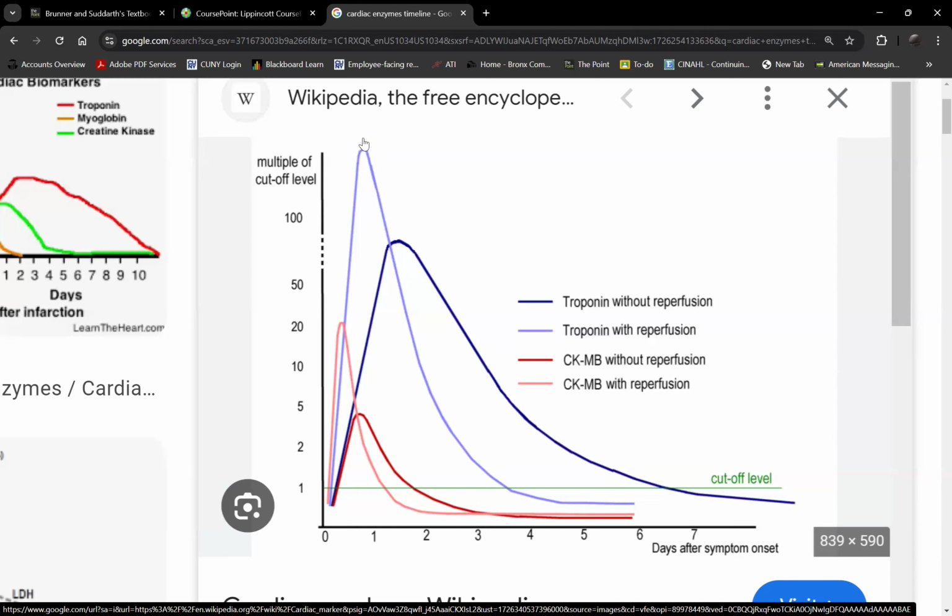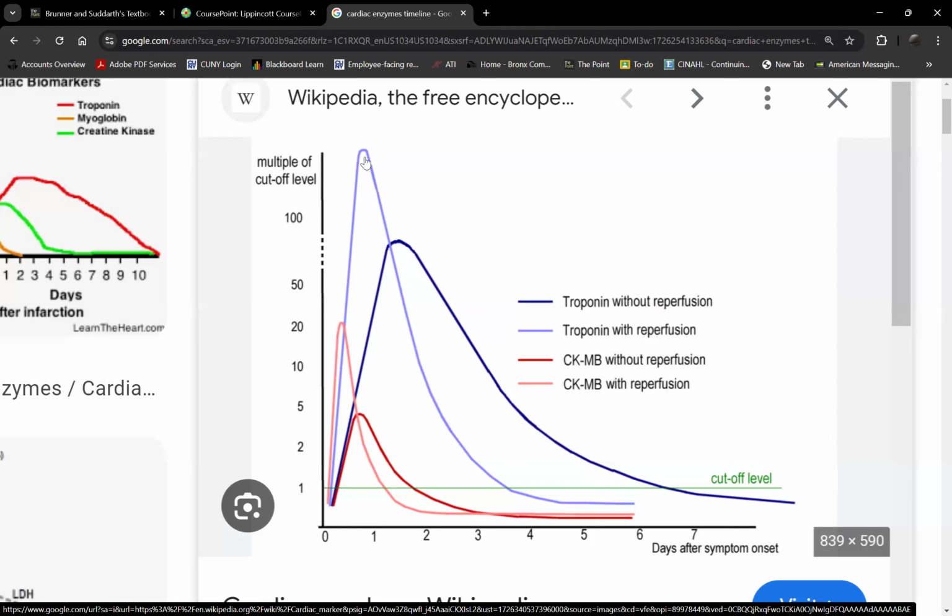It is released exclusively by dead myocardial cells. And they stay elevated. Look how long they stay elevated: without perfusion, this can stay elevated up to the 10th day. But the important thing here is the peak. So we need to draw these cardiac enzymes every 4 to 6 hours, usually every 4.